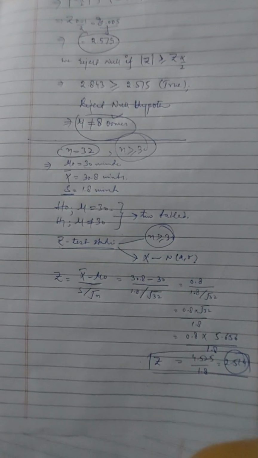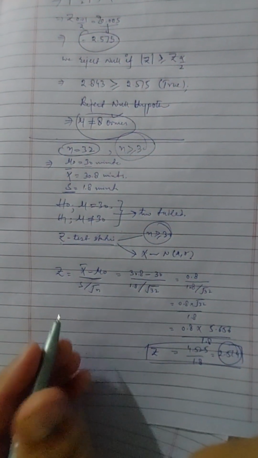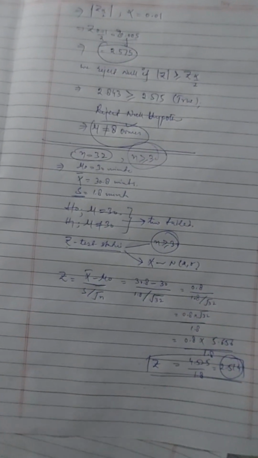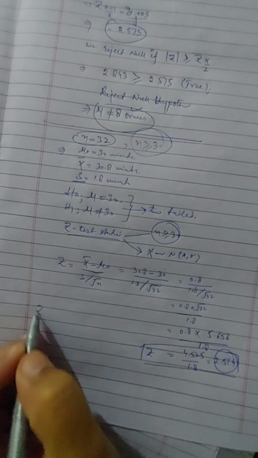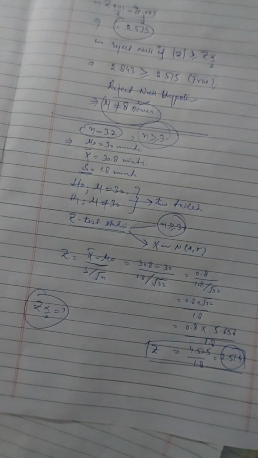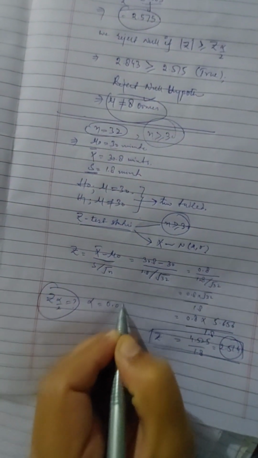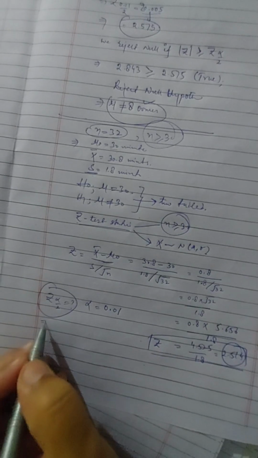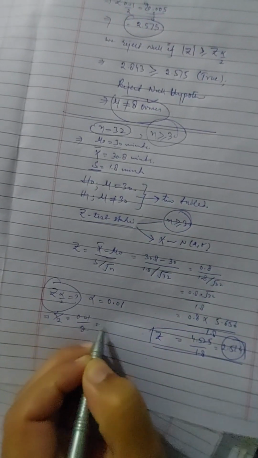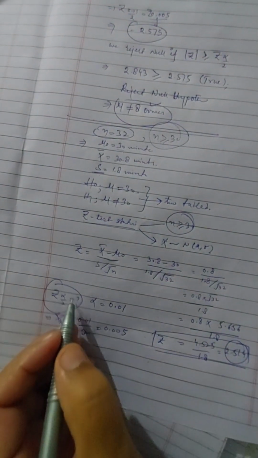Okay, now we have the z value, but it is two-sided, so we need to find the value of z alpha by 2. Alpha over here is equal to 0.01. Okay, so alpha by 2 is equal to 0.01 divided by 2, which is equal to 0.005.